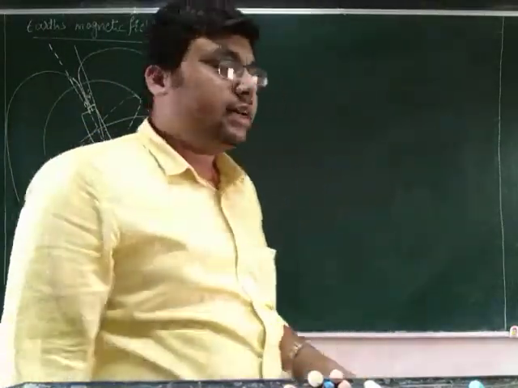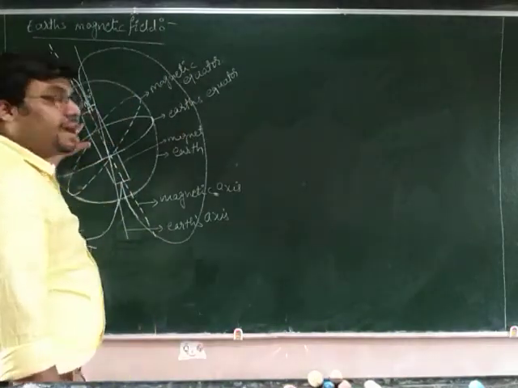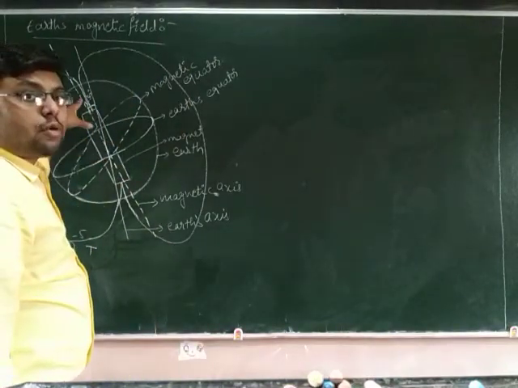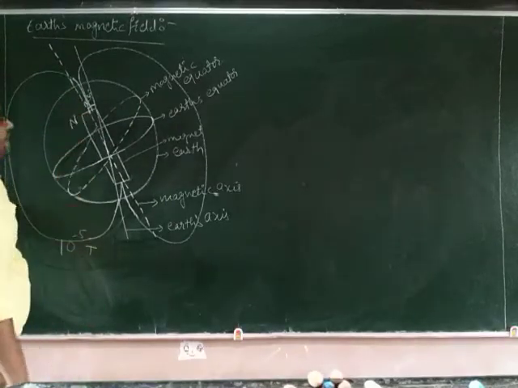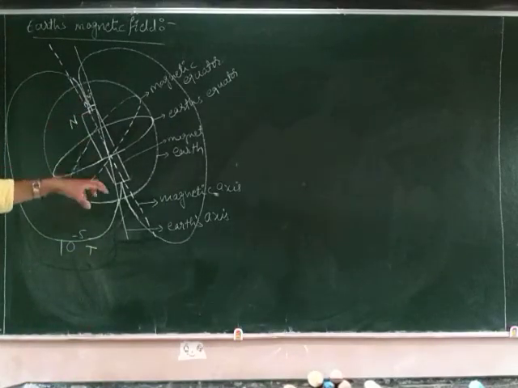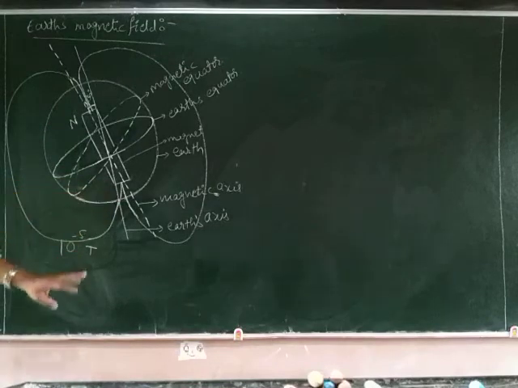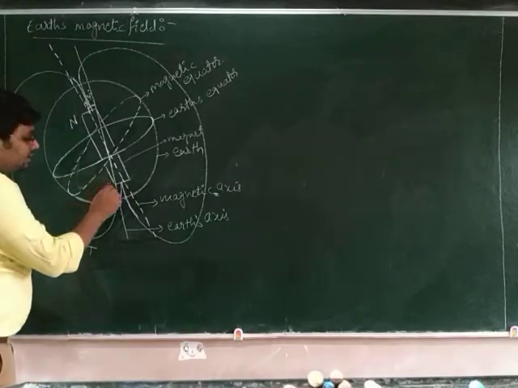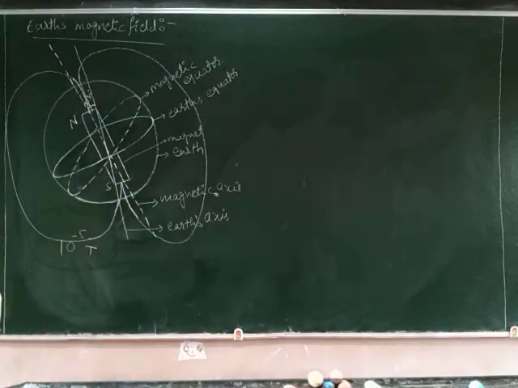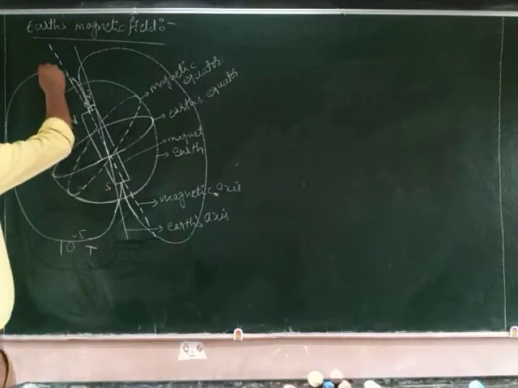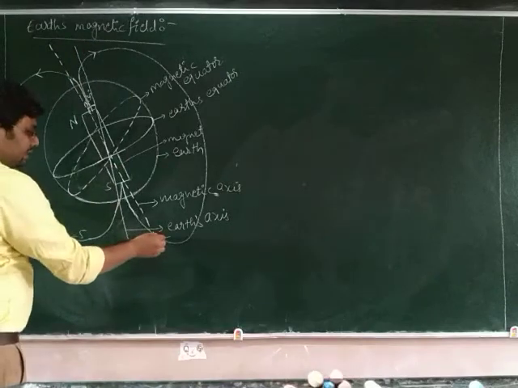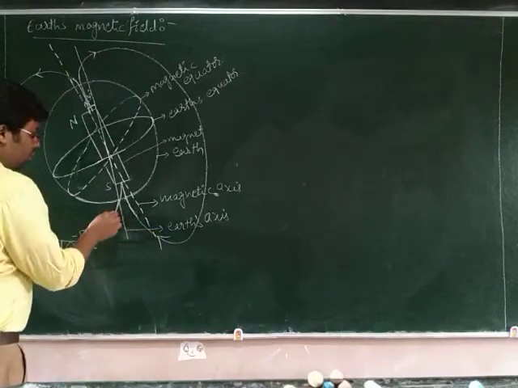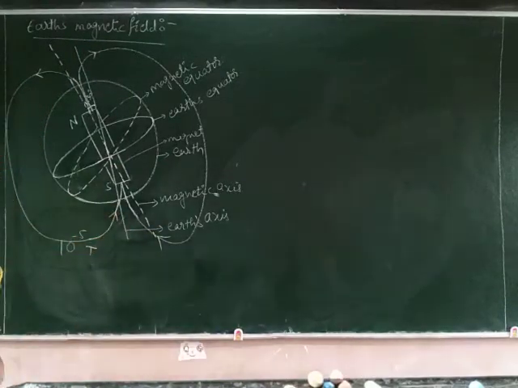Okay, then the pole of the magnet which is towards the north pole of the earth is called the north magnetic pole, and the pole which is towards the south pole of the earth is the south magnetic pole. So here the direction of the lines is like this, north to south.